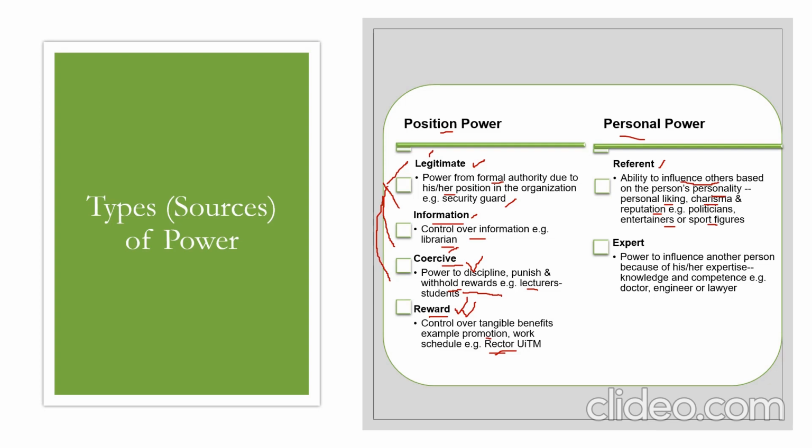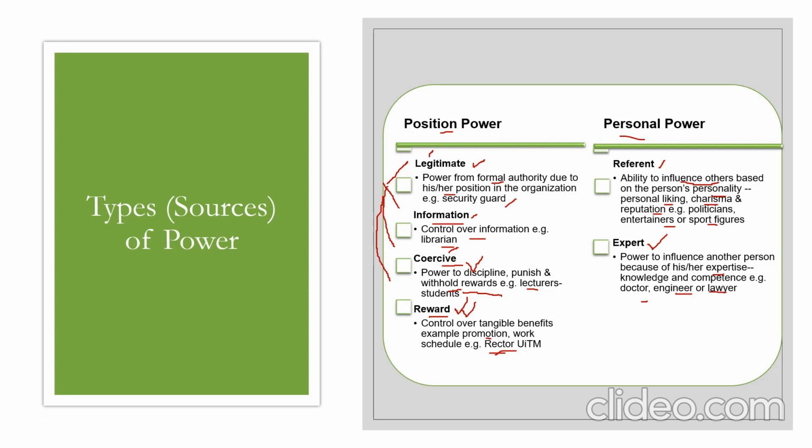And the next personal power is the expert power. Expert means kepakaran. Power to influence another person because of his or her expertise. Expert power is a power held by someone because he has some special knowledge. He has some expertise. Expertise ni kepakaran or knowledge. For example, doctor, engineer and lawyer. Okay, doctor has an expert in treating patients.